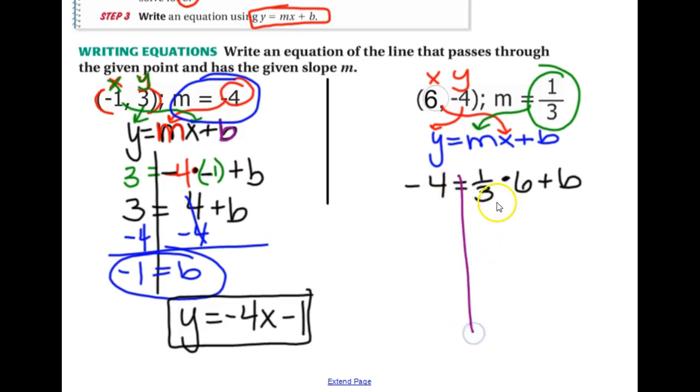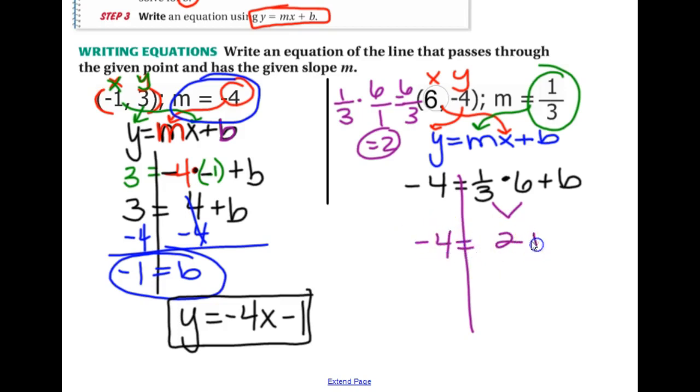So if we solve this, 1/3 times 6, 6 is really 6 over 1, so if we multiply it, 1 times 6 is 6, 3 times 1 is 3, while 6 divided by 3 is 2. So we have -4 equals 2 plus b.